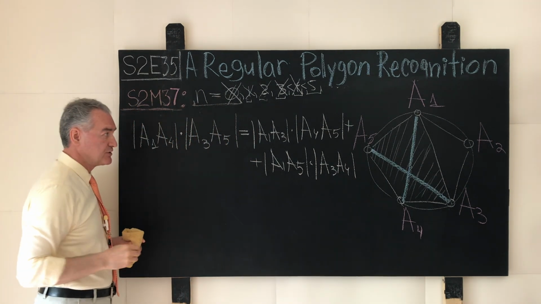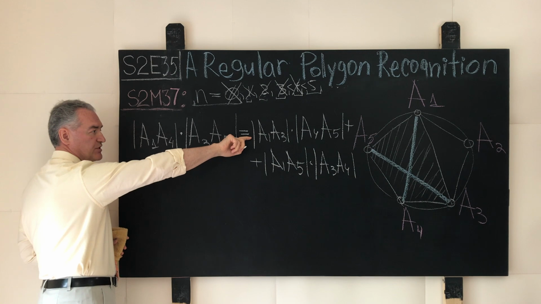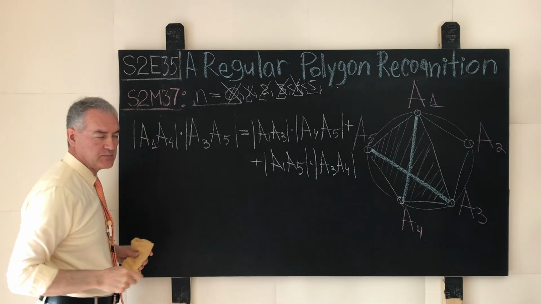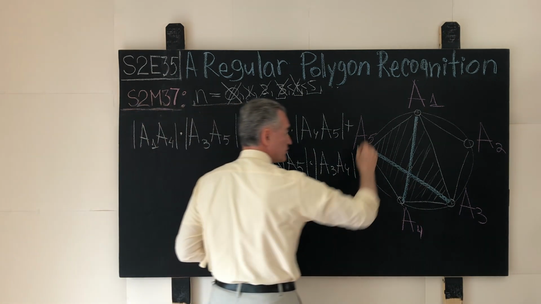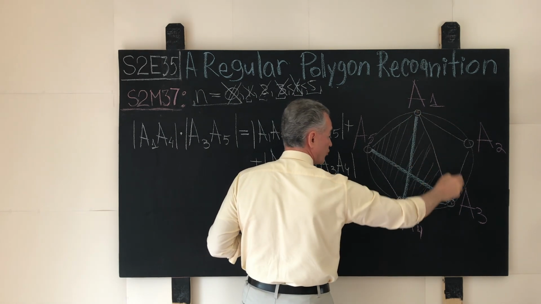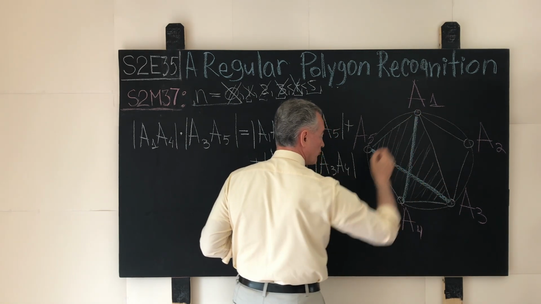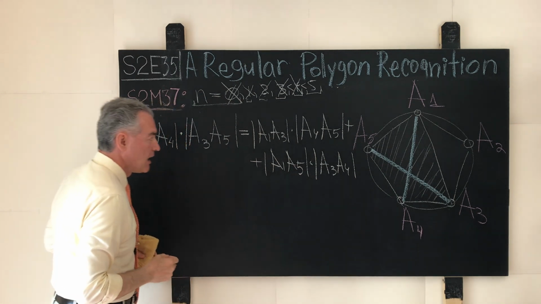That much is understood. Again, instead of inequality, we use precisely the equality, the Ptolemy's theorem, applied to the cyclic quadrilateral whose vertices are precisely a subset of the vertices of a regular pentagon.